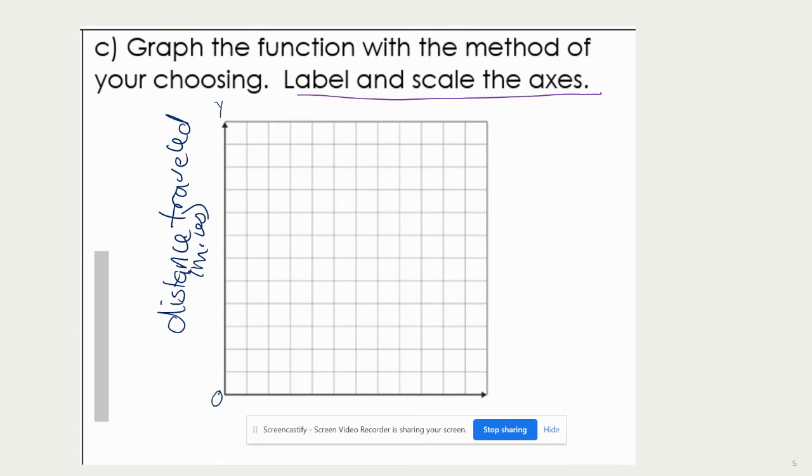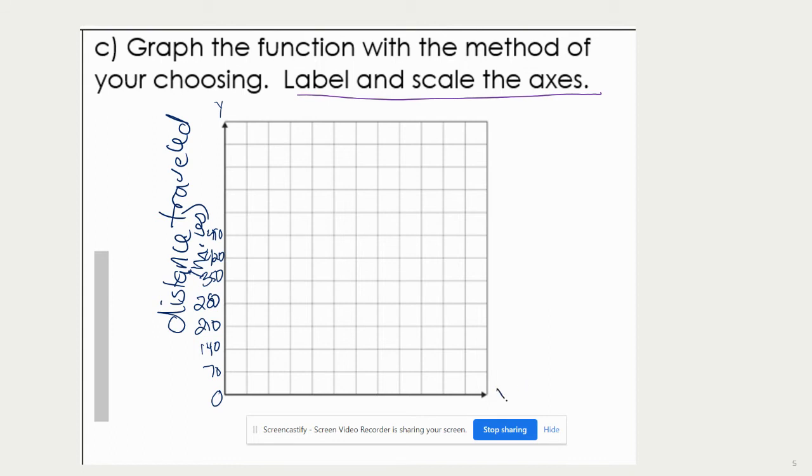So starting here in the corner at 0, 0, 70, 140, 210, 280, 350, 420, 490, and so on. Remember, you can make the scale anything you want. I just chose to go by 70s, make it a little easier on ourselves.